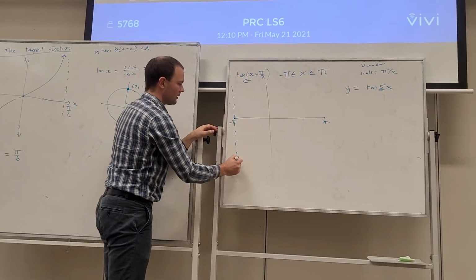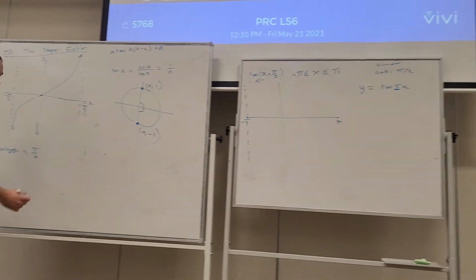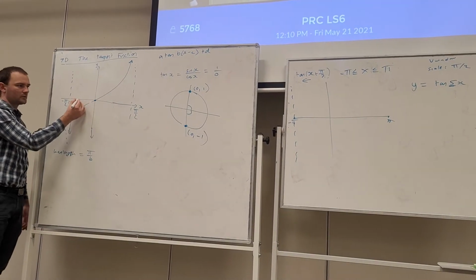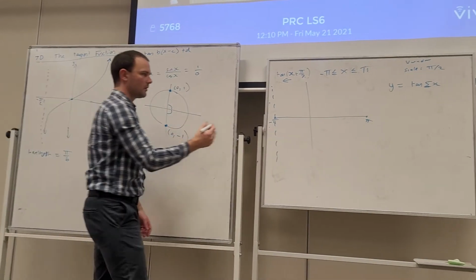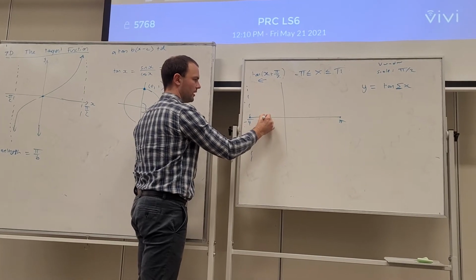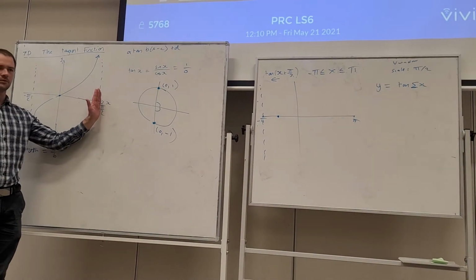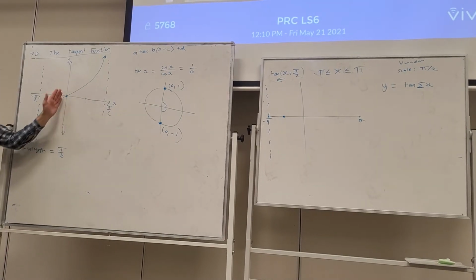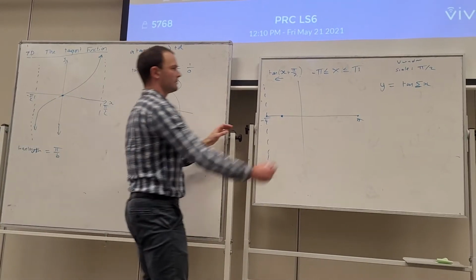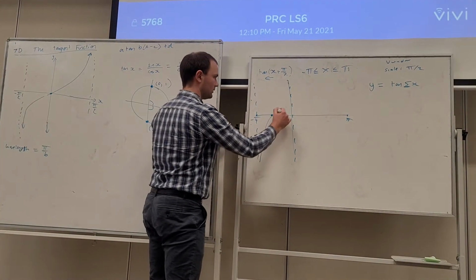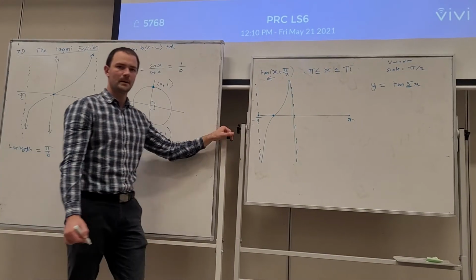Then this root, which is normally at 0, is going to be shoved over pi on 2 units. So rather than being at 0, it's going to be at negative pi on 2 there. And then the other asymptote, which is normally at pi on 2, is shoved this way pi on 2 units, so that's going to be at 0. We have an asymptote on the y-axis. And so the graph is going to look like that for the first part.